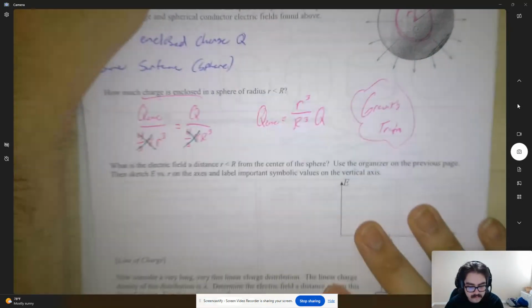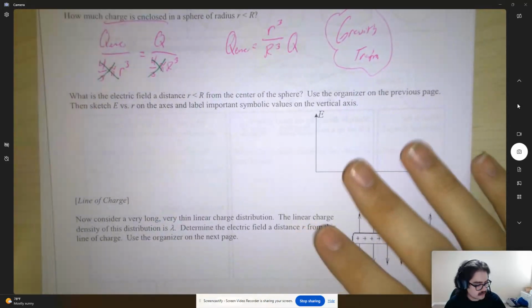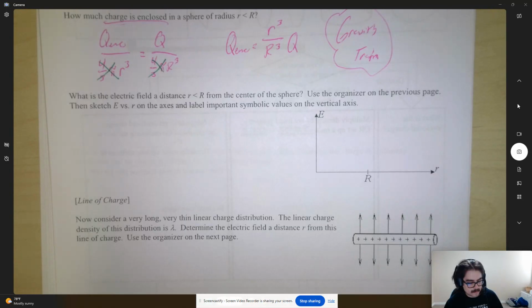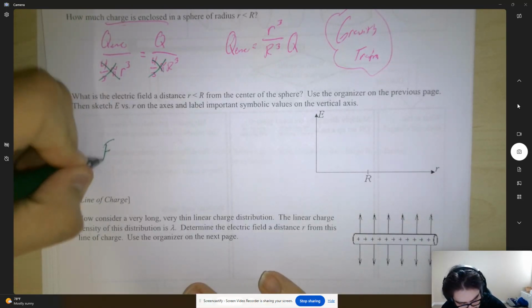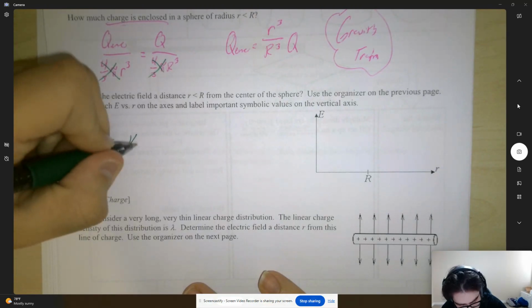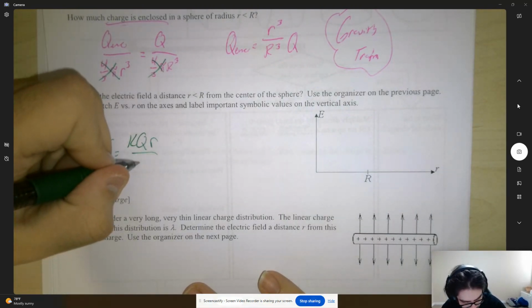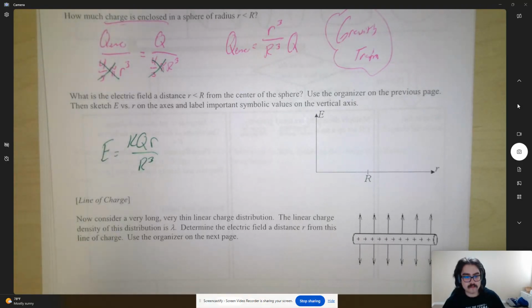Okay, electric field versus distance, we already solved that out. It ended up being E equals kQr over capital R cubed, right?